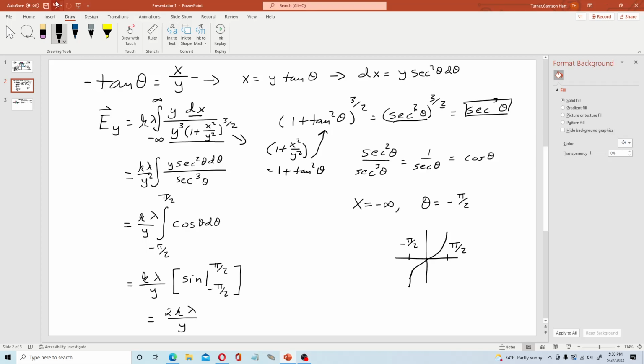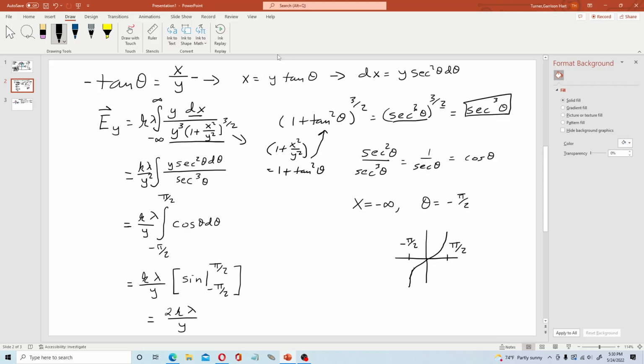So the denominator is going to be y cubed times secant cubed. Okay? Now, that takes care of the denominator.